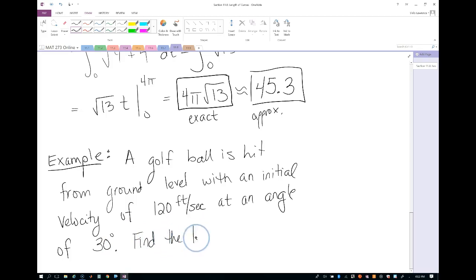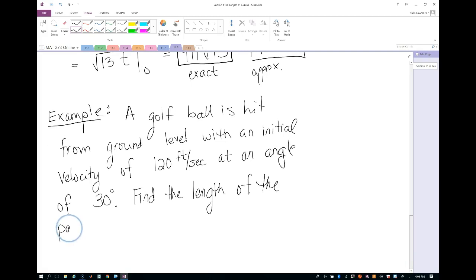You're going to find the length of the path of the golf ball.